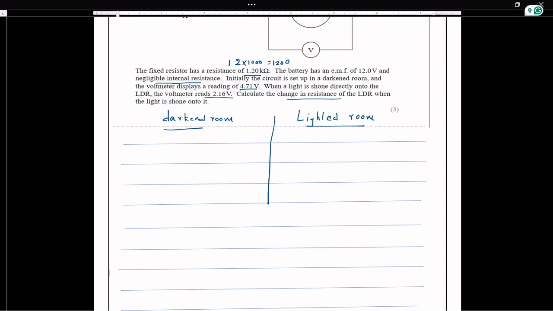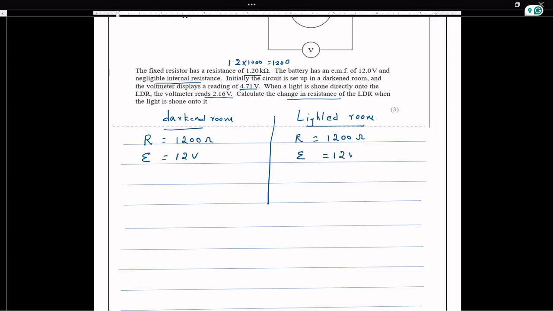So we have seen here in the darkened room, the fixed resistor has a resistance R of 1200 ohms. Here also R is 1200 ohms. It is not changing. The EMF is 12 volt.